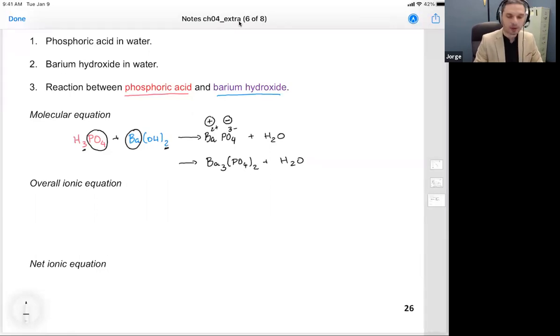All right, next step. Now let's determine if the salt is dissolved in water or if it is a precipitate or a solid. So we go back to the solubility tables, look for phosphate.